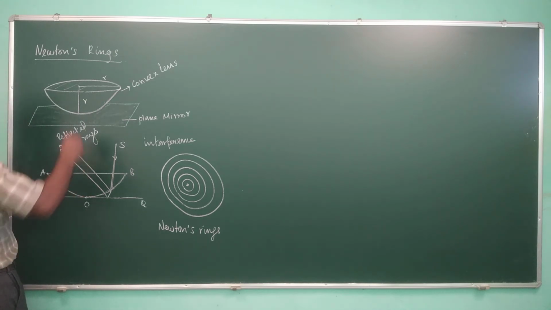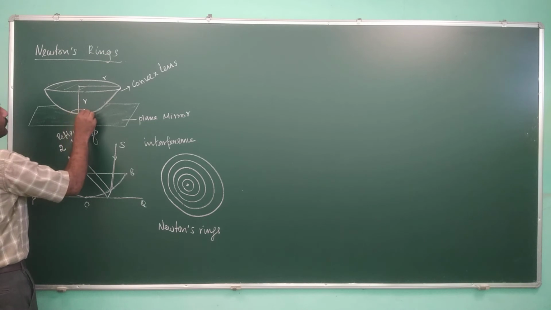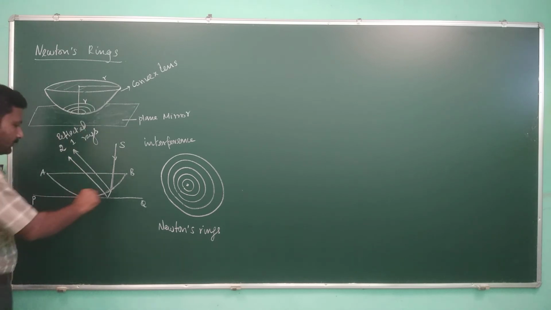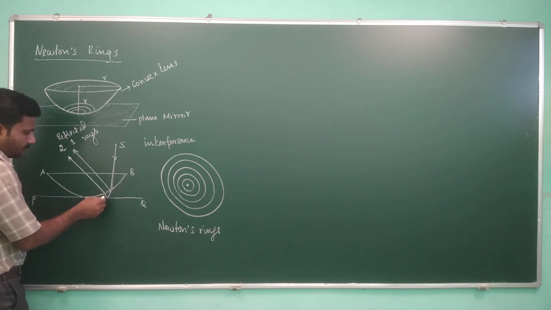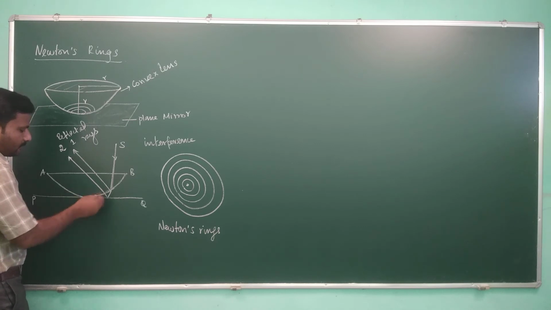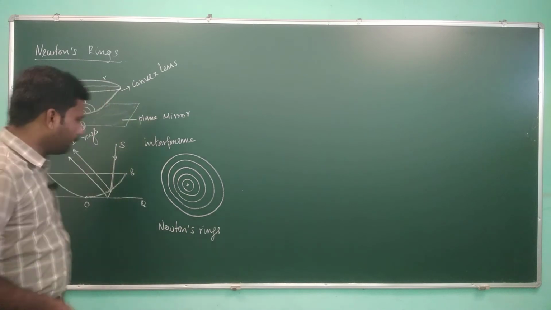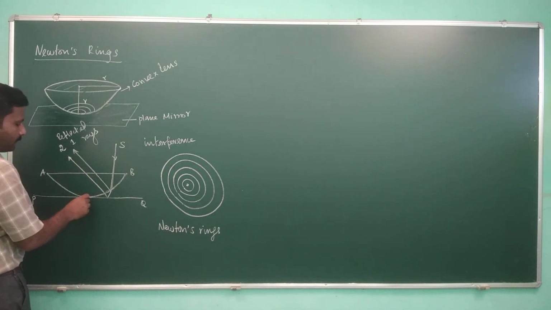This is a three-dimensional material. So we have a situation like this, that the thickness of the air film is the same about the radius, right?